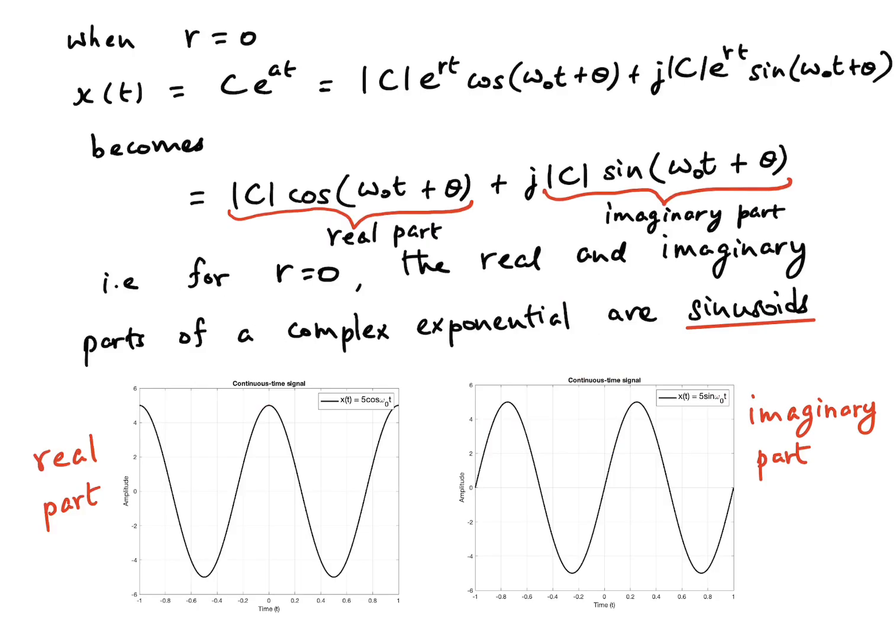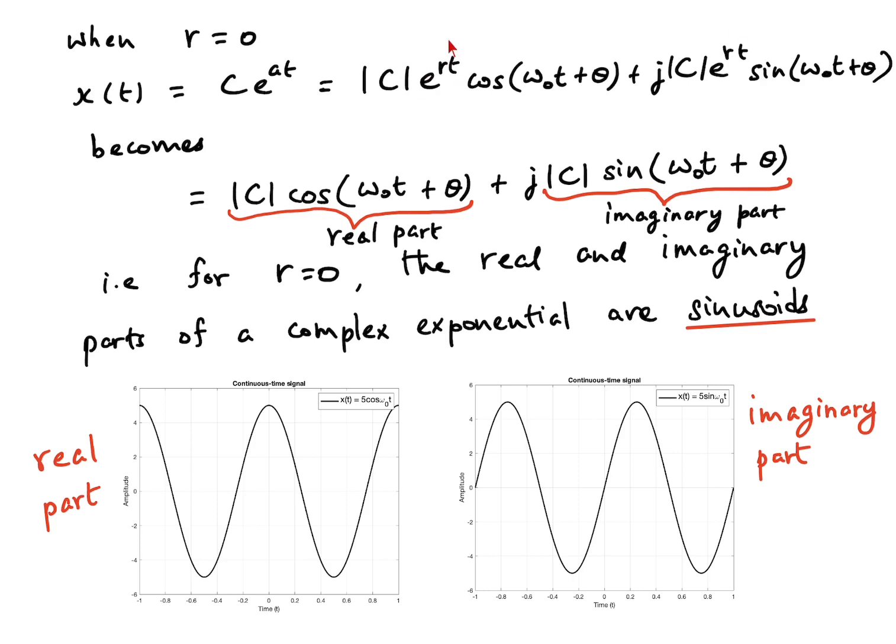The first condition that we are going to deal with is when this parameter r is equal to 0. So when we set r equal to 0 in this complex signal, it becomes e power 0t, and that is e power 0, and e power 0 is 1. Any number to the power 0 is 1, so that term becomes 1.